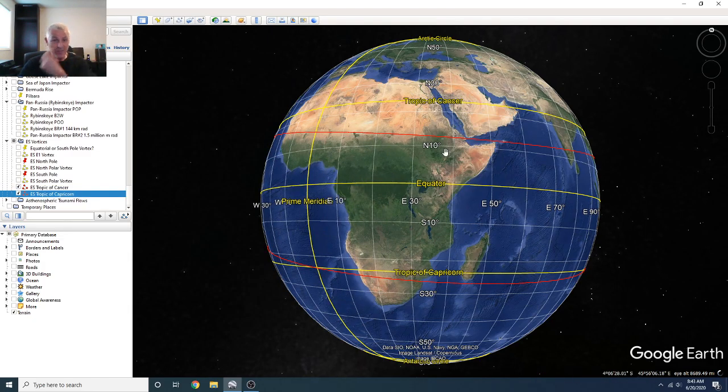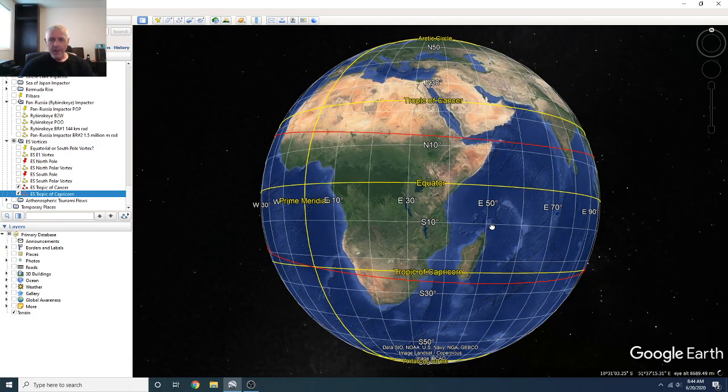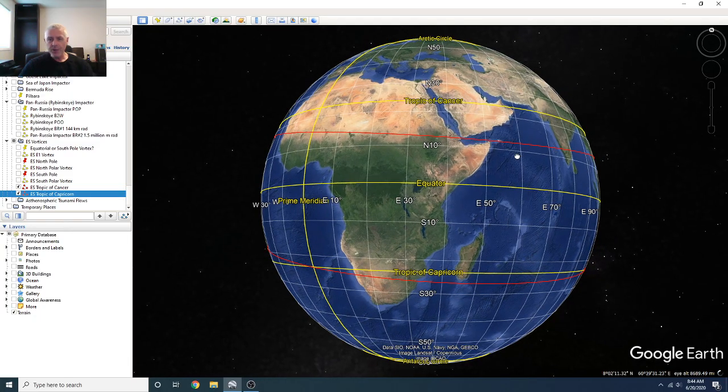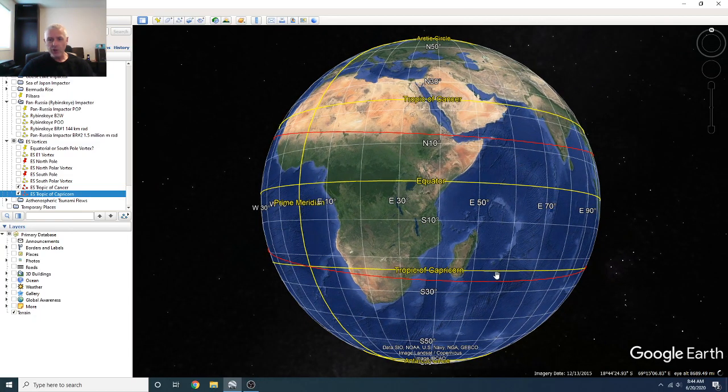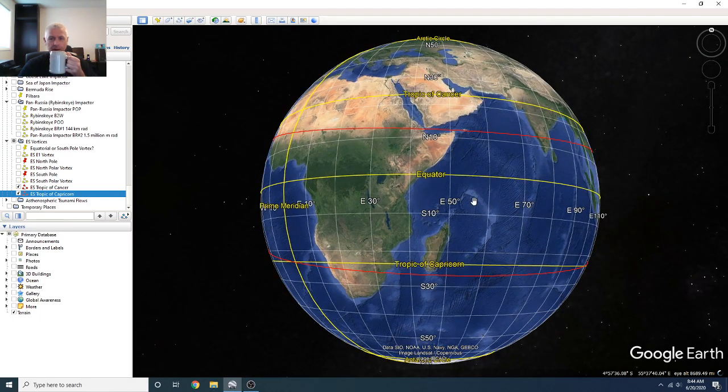All right, now we can see a little bit easier the difference between the true Tropic of Cancer and the true Tropic of Capricorn, but how these tropics would have been changed in relation to, let's say, this one right here, his North Pole orientation up here, just slightly off from what it is. Just like these are slightly off from each other.